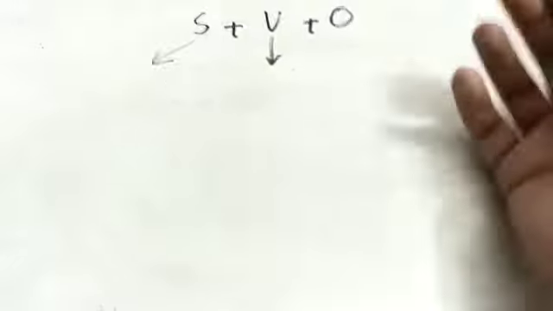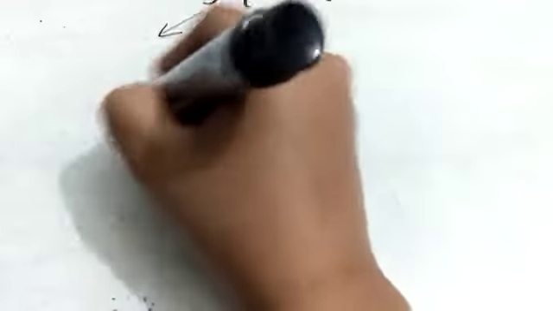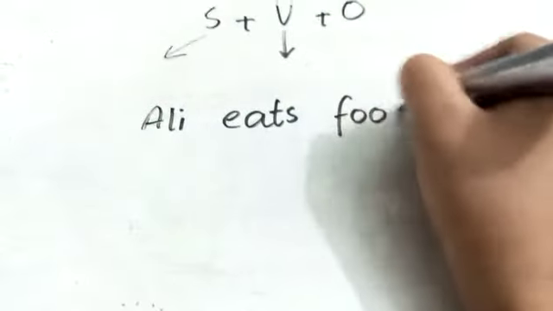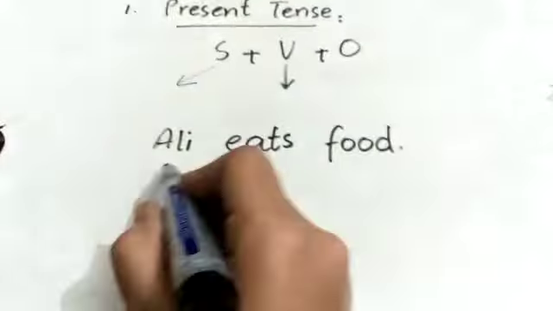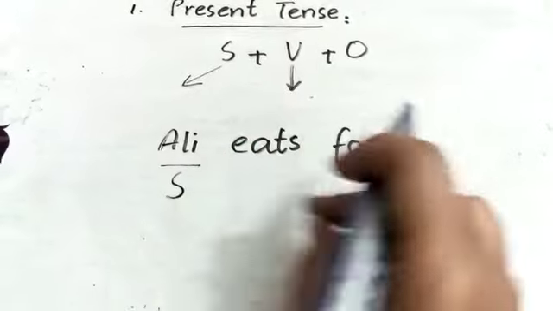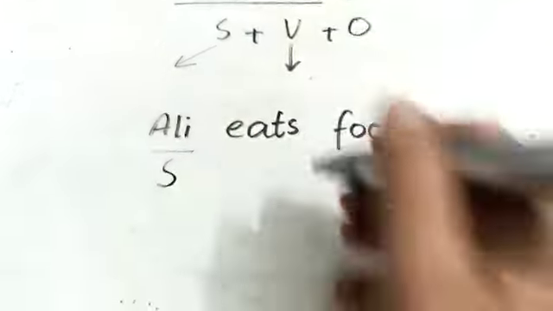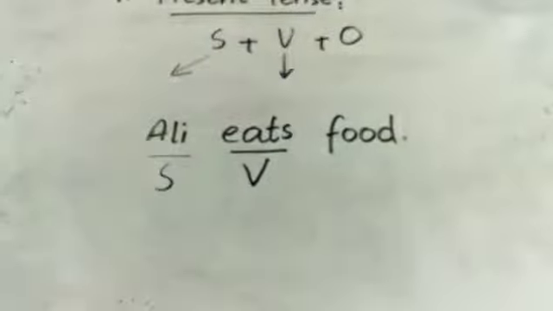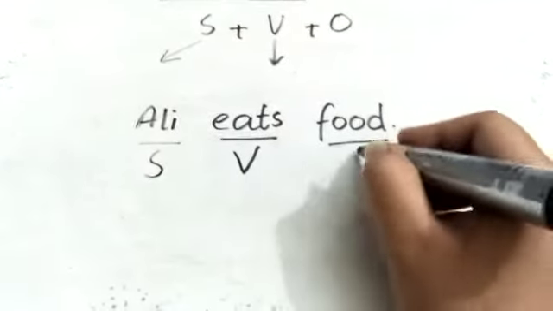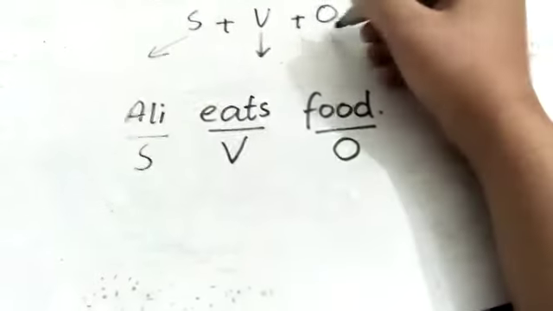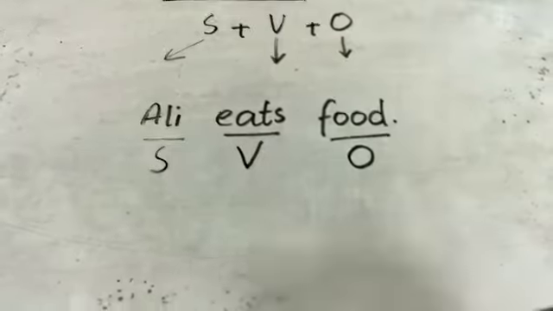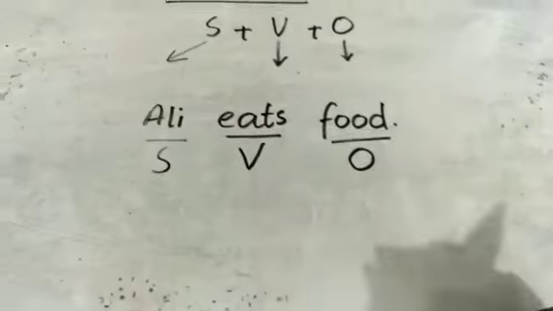In this statement, Ali is a subject because he is a person who is doing something. What is he doing? He is eating, so eating is a verb over here. And what is he eating? He is eating food, so food is an object. Object is basically a thing onto which work is being done. So subject, verb and object are three main and basic components which come in every sentence.